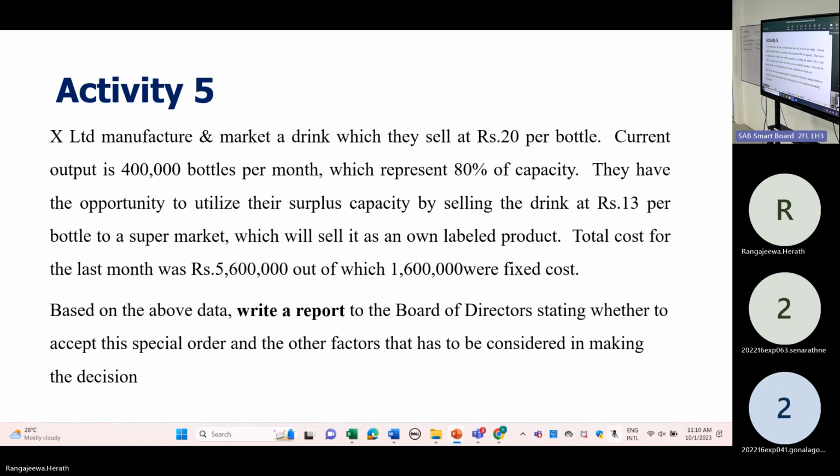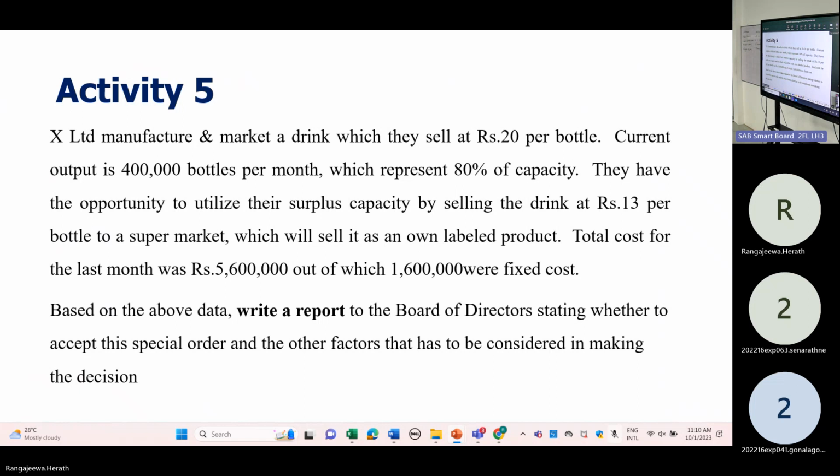The total cost of the last month, 560,000, out of which 1.6 million fixed. Based on the above data, write a report to the board of directors whether to accept this special order and other factors that have to be considered in making the decision.